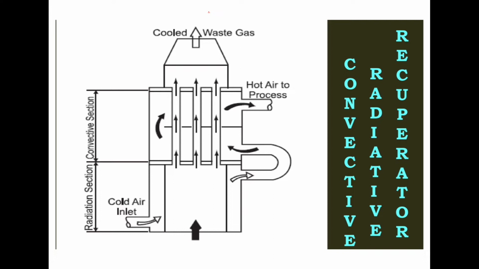Here we can see the radiation section, the convective section, and the cooled waste gas or chimney section. The cold air inlet enters on the wall surface, the hot air goes to the process, and the cooled waste gas outlet is on the top.